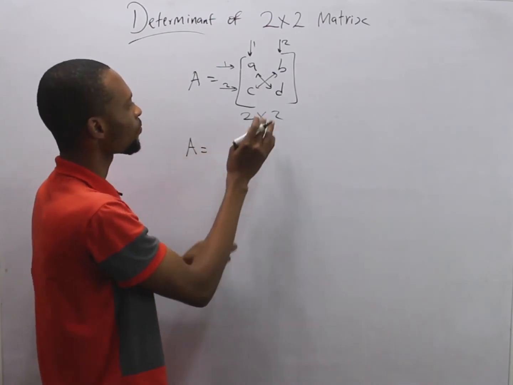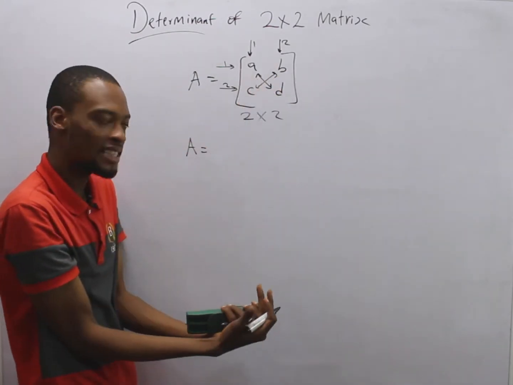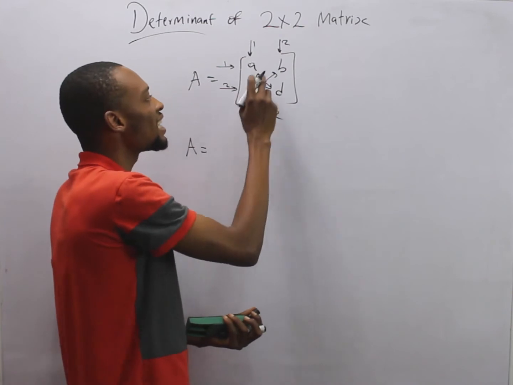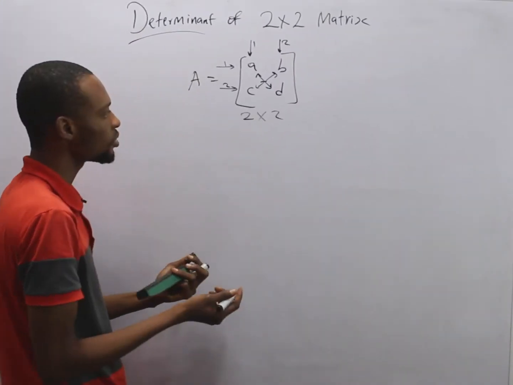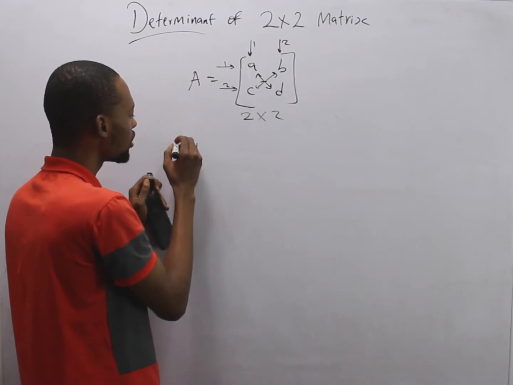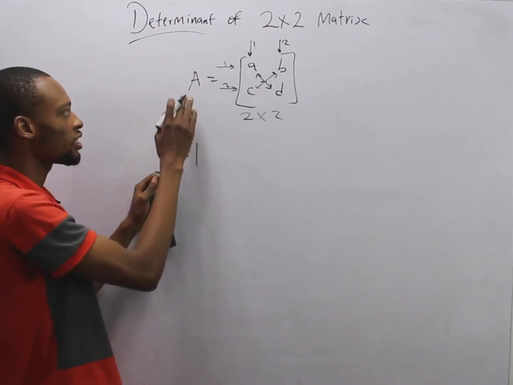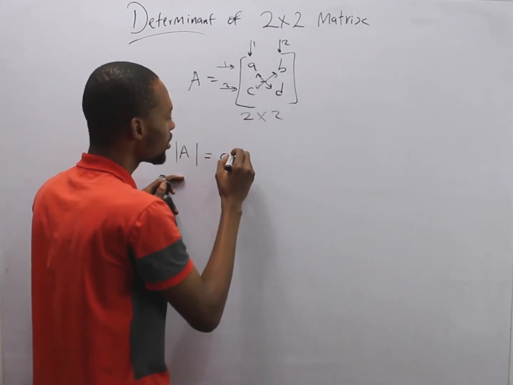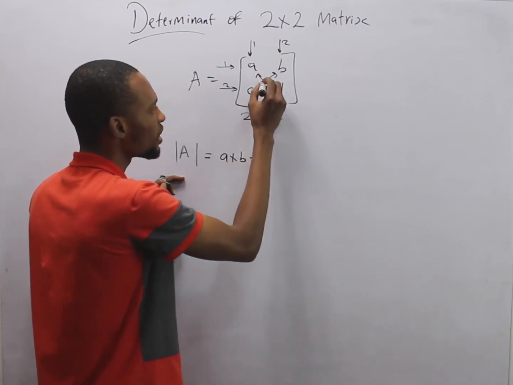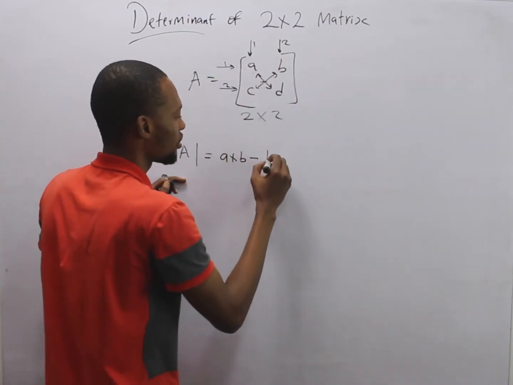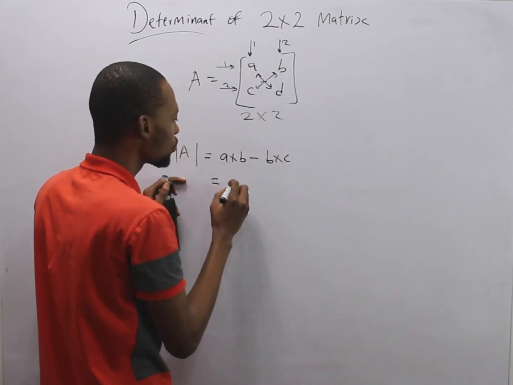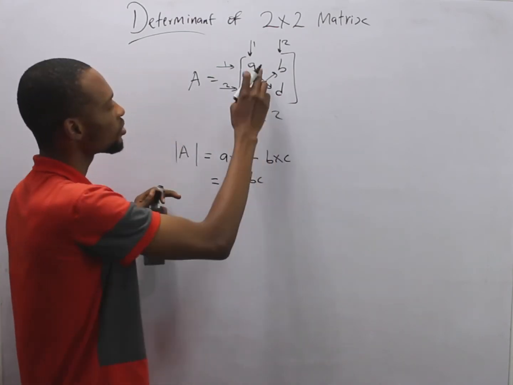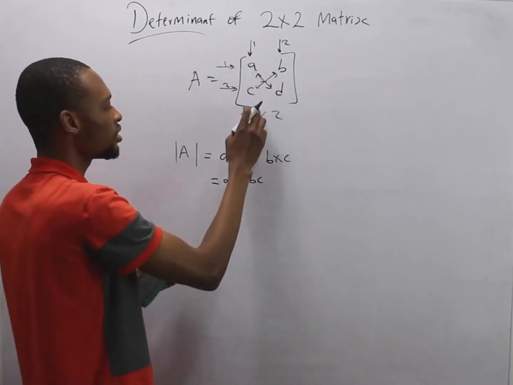So the determinant of matrix A is this guy times this guy, that's A times D, minus this guy times this guy, B times C. This is simply equals AD minus BC. So A times D minus B times C.